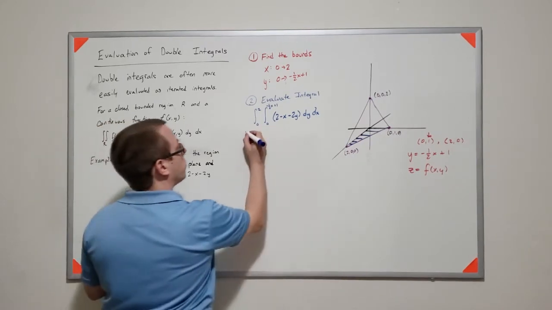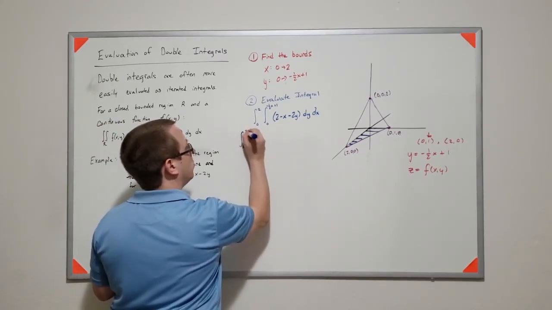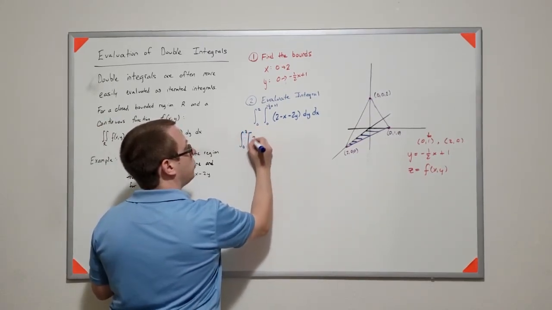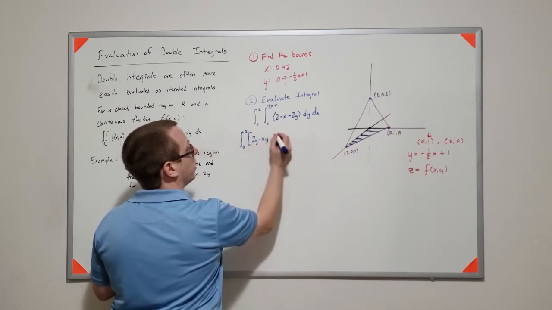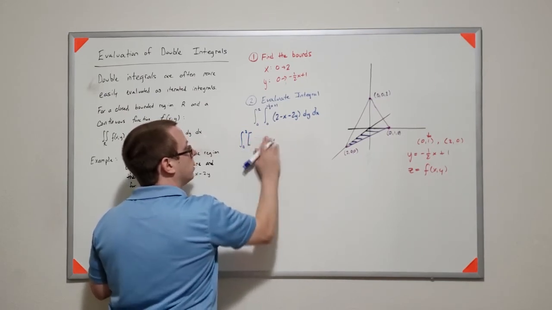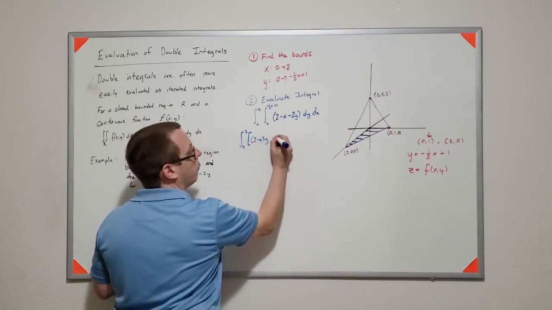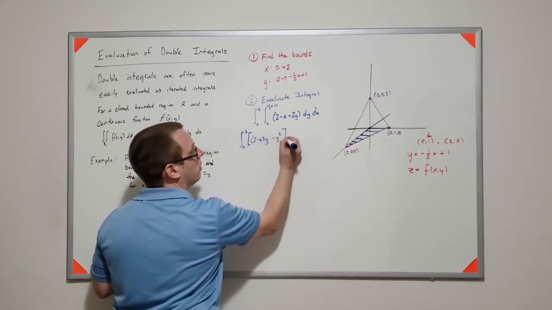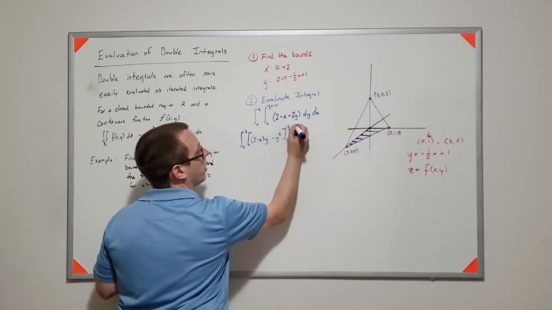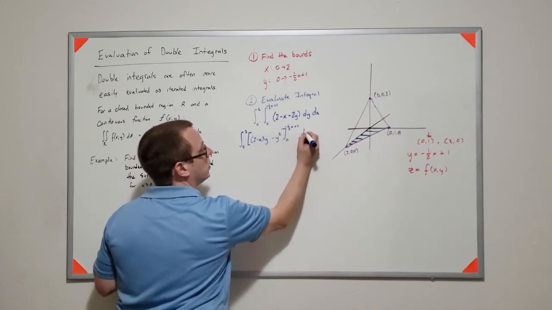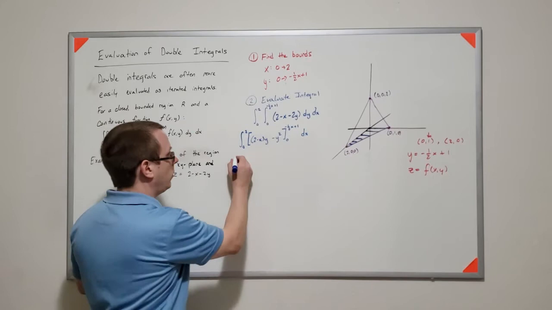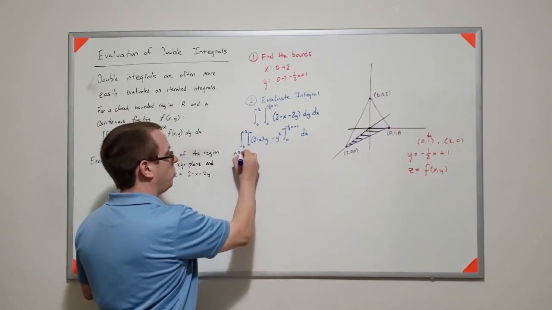So integrating this, we get 2y minus xy minus y squared, from 0 to negative 1 half x plus 1, dx. Again, that's 0 to 2.